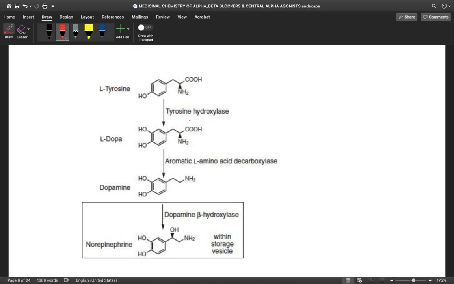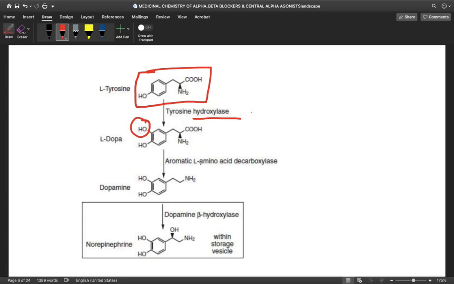The synthesis of norepinephrine inside of the body begins with L-tyrosine, the amino acid. When you pay attention to the names of the enzymes, they clearly describe the role they play in the synthesis of norepinephrine. For instance, tyrosine hydroxylase is going to convert L-tyrosine to L-dopa by adding a hydroxyl group at this position here.